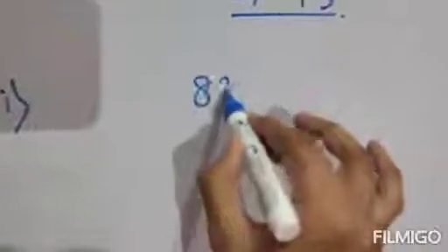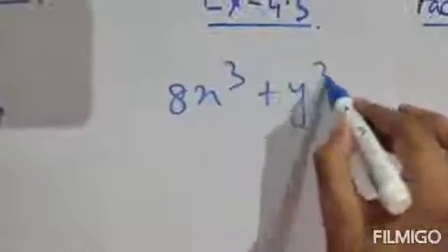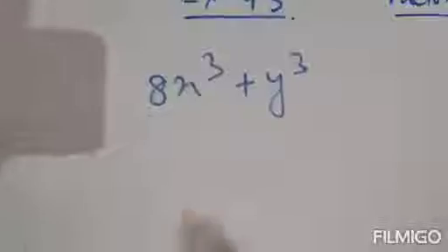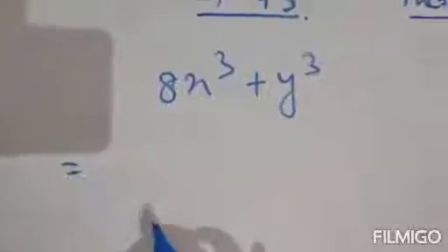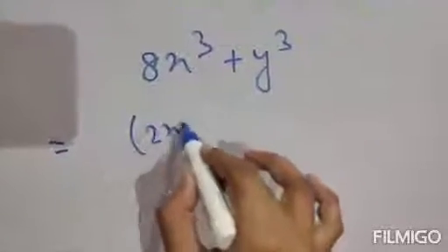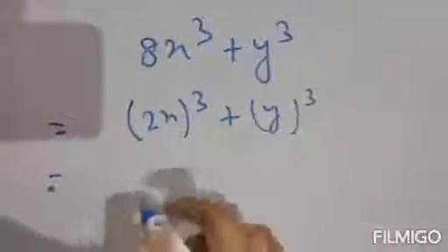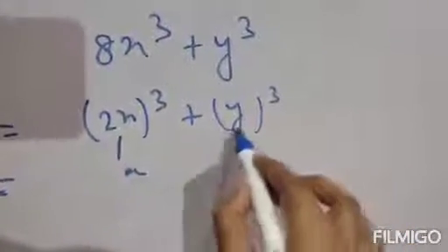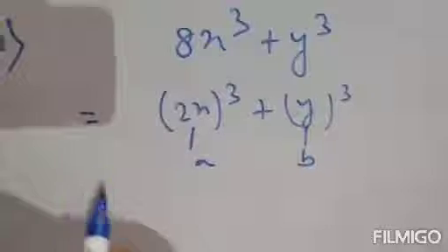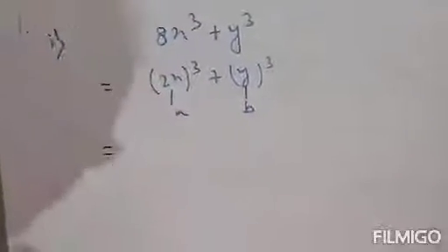First question, 8x cube plus y cube. So just split this into cube format, that is you can write here (2x) whole cube plus y whole cube. Now this is your a and this is your b, so the formula is a cube plus b cube. So what is the formula of a cube plus b cube?